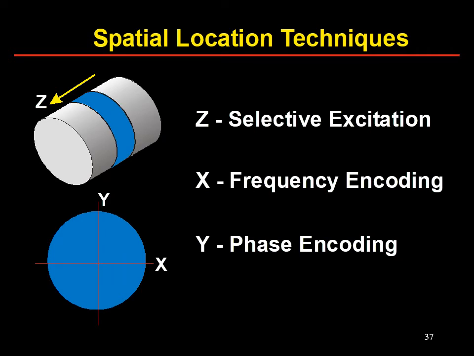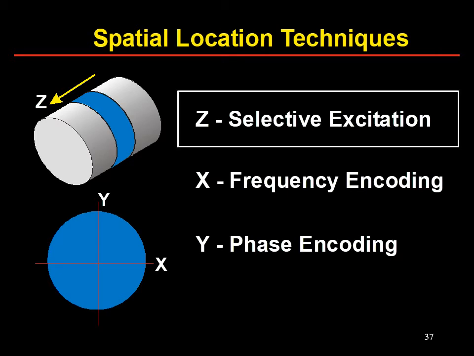Conventionally, these processes are called selective excitation for the definition of the slice in the z direction, and frequency encoding for localization in the x direction, and phase encoding for localization in the y direction. But they're all dependent on that Larmor relationship, which states that the precessional frequency of the spin is dependent upon the magnetic field strength that it experiences.